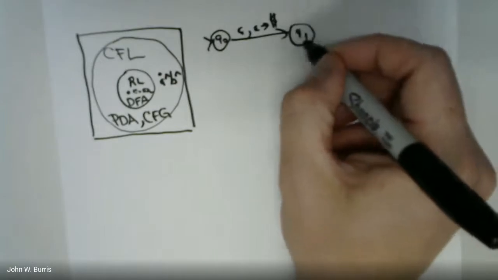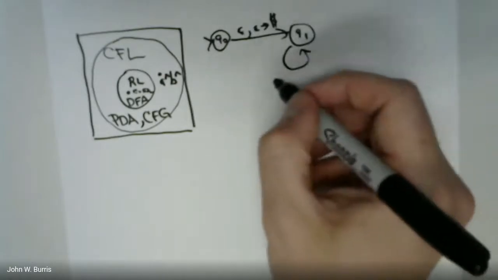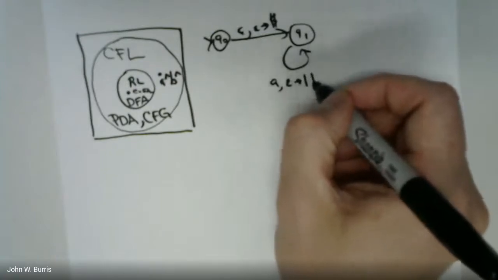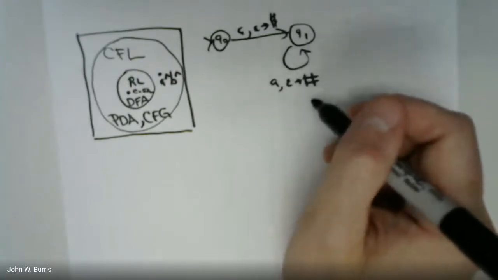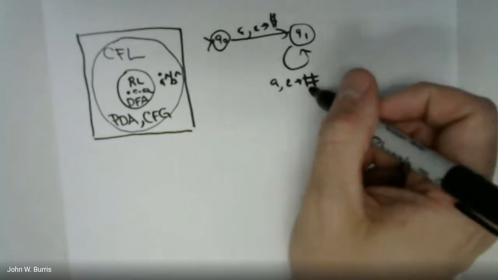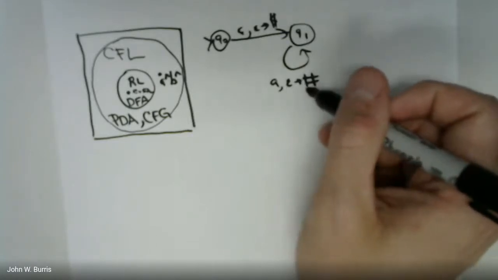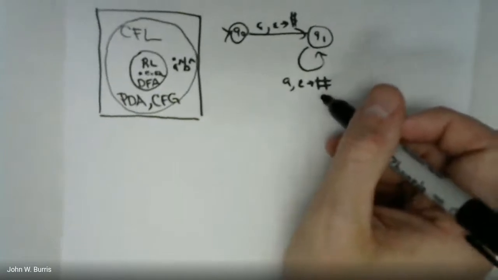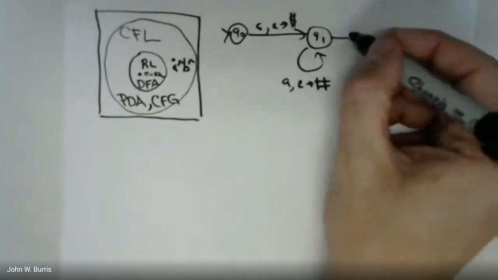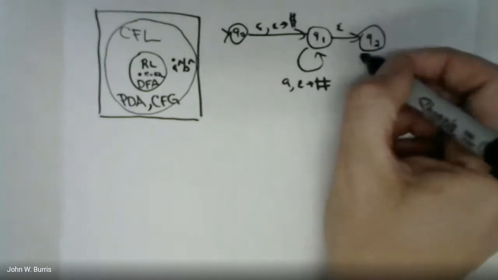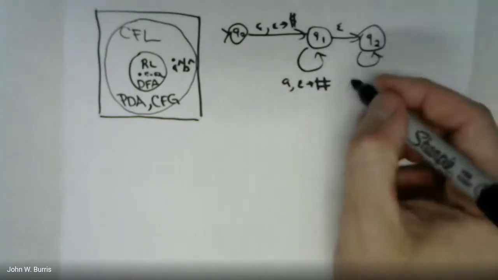Then we have another state, and this state is going to read in A's. This is a great example because it shows you exactly what that stack is used for. We're going to use the stack and a hash sign to count so that we can match up and make sure that everything fits. So we're going to go across, use our non-determinism here, and go to another state. This state is going to do the counter of what Q1 does.